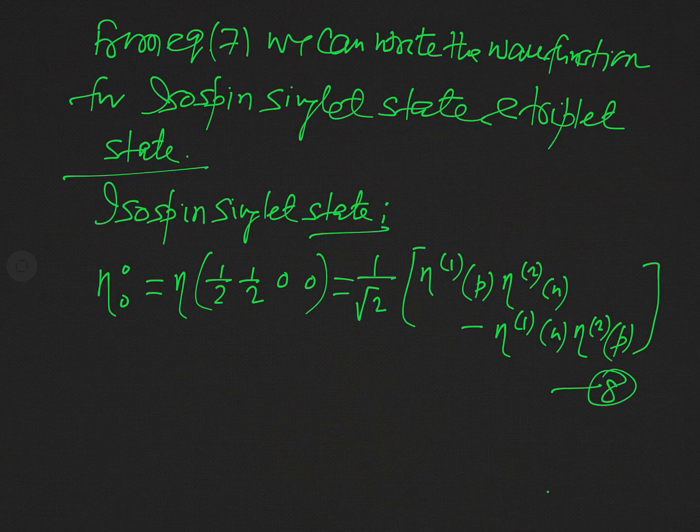Say this is equation 8. This is the wave function for the isospin singlet state.